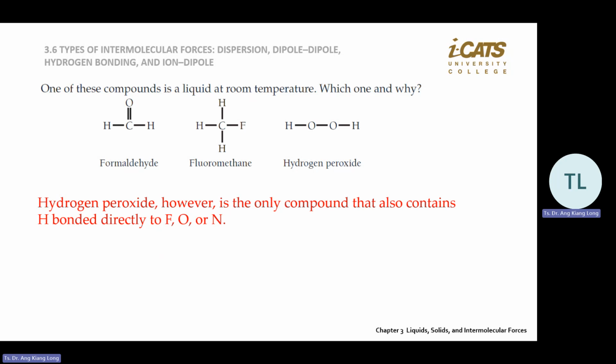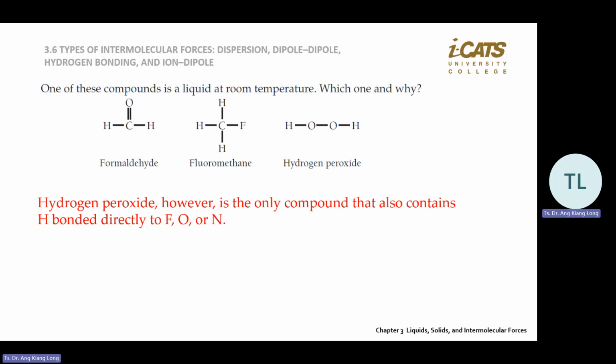Hydrogen peroxide, however, is the only compound that contains H bonded directly to FON. Because for this one, H to C, H does not combine with F. It needs to go through C. So if you look at hydrogen peroxide, H is directly with O compared to the middle one.